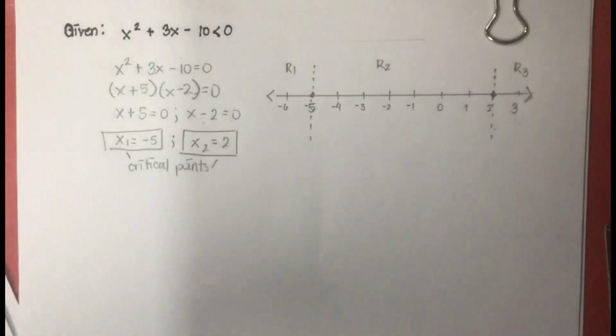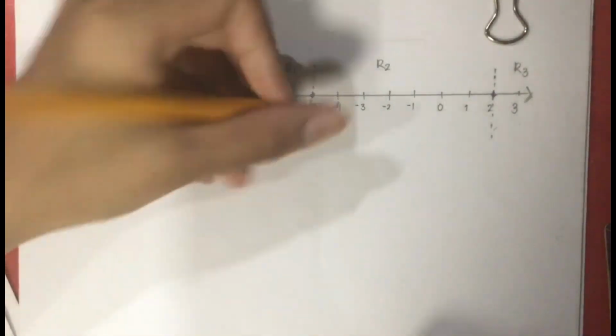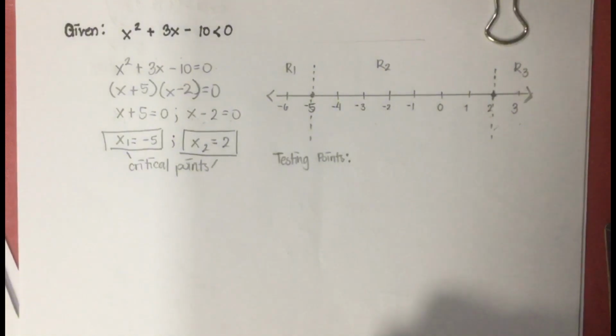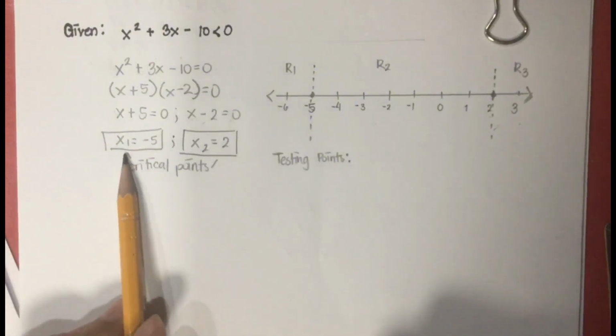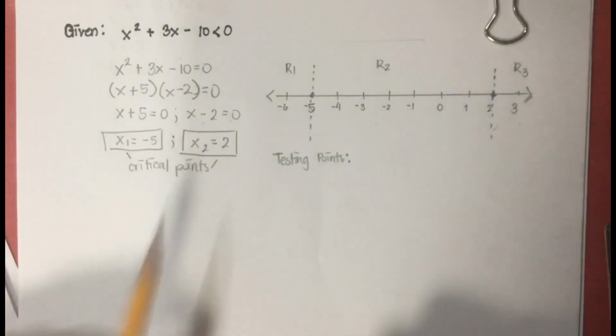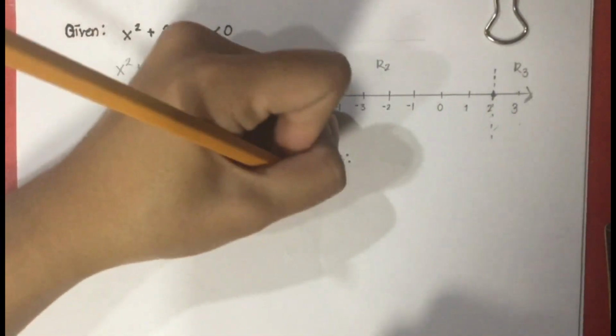So let's start with our testing points. Our x sub 1 here is negative 5, so x is equal to negative 5.